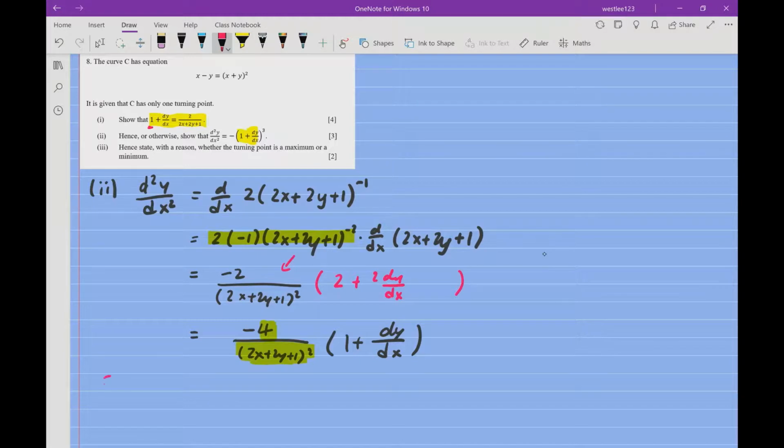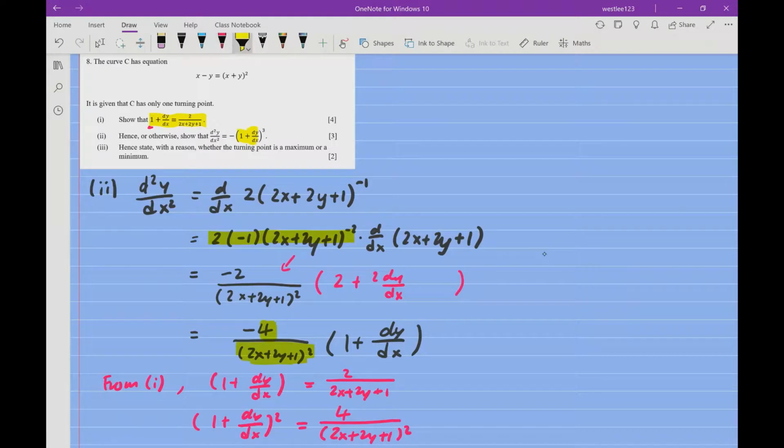From part 1, if you go back to the working in part 1, we have 1 plus dy/dx equals 2 over (2x plus 2y plus 1). Now, if you square both sides, you see that (1 plus dy/dx) squared is actually 4 over (2x plus 2y plus 1) squared, which is what I have highlighted over here.